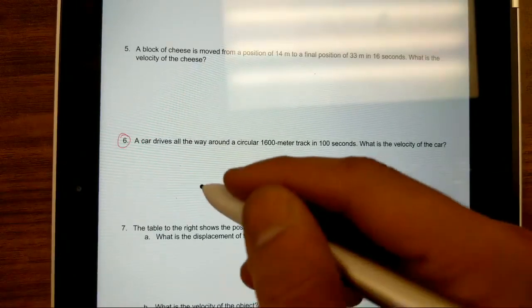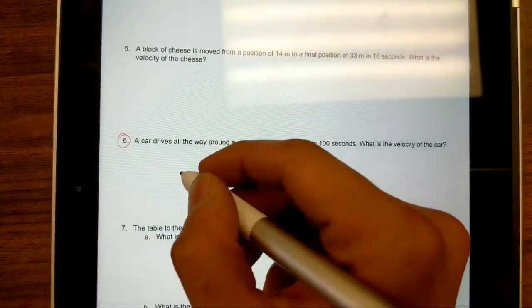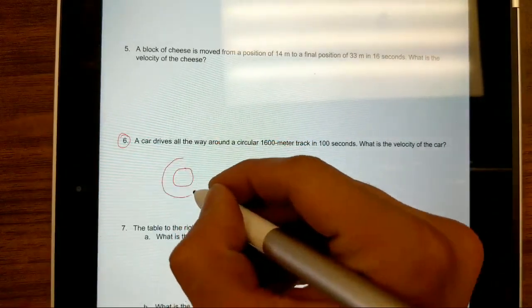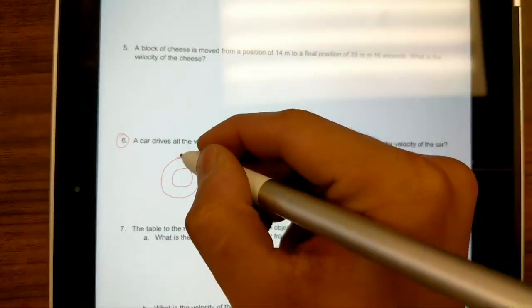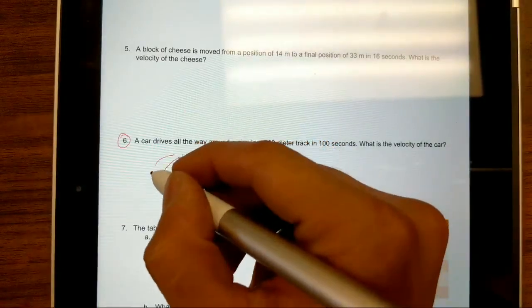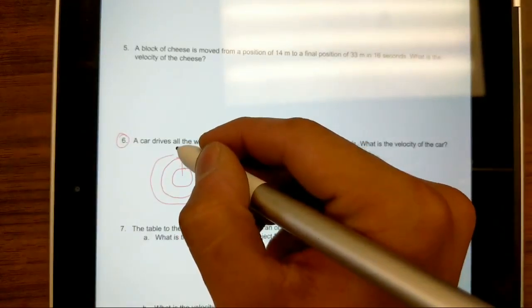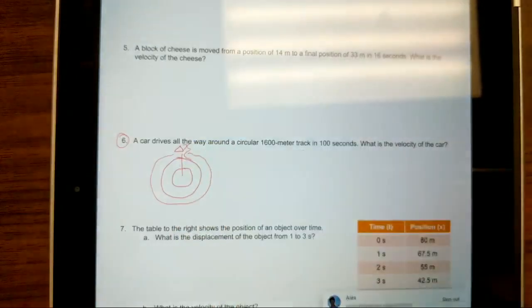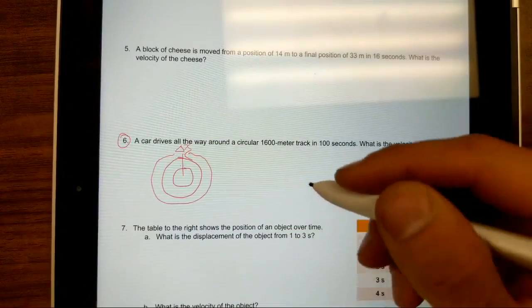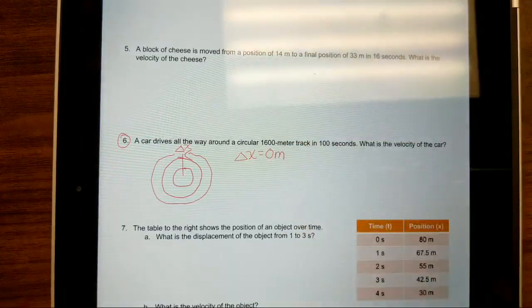Many of you, applying the same logic from the Allison Felix problem, said, well, I have a circular track, and if I start here, and I drive all the way around, so that I end where I started, what is my displacement? And a lot of you said, my displacement has to be 0 meters, because I ended where I started.